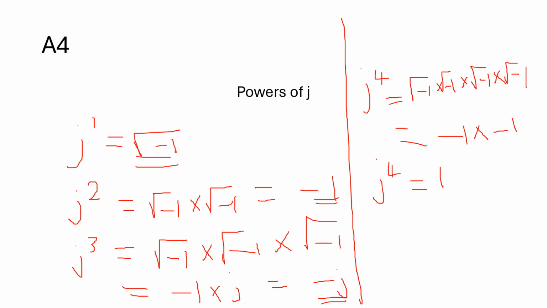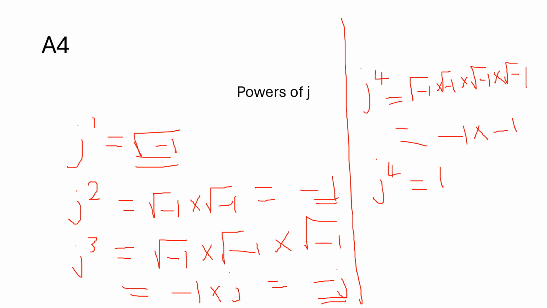I'm only going to show you up until the fourth exponent. These ones, I think you need to know by heart so that you can apply them. If you have j to the power of 10, you can divide it into parts with 4 and 2 or something like that, so that it is easy to simplify.